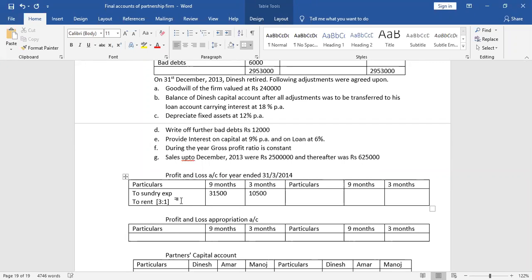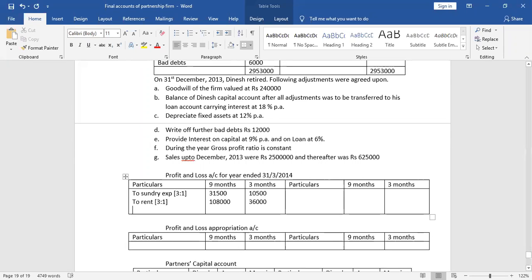This is also 3:1. What will you get? 1,44,000 into 3 divided by 4. You will get 1,08,000. And here what you get? Here you get 36,000. Getting the answer?